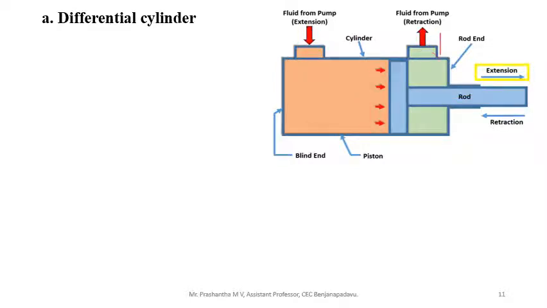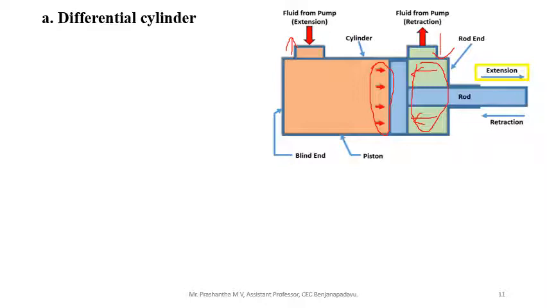This one acts as inlet, this one acts as outlet. So see, the force acts only on this small annulus area. So there is a difference in action of the force through liquid. Hence the name differential cylinder.